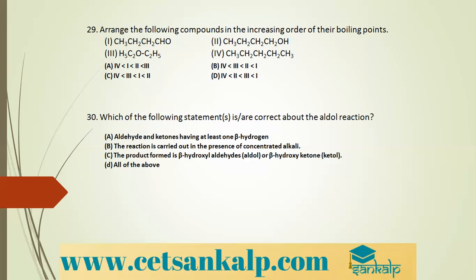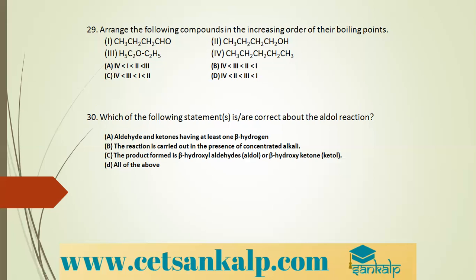30th question. Which of the following statements is or are correct about aldol reaction? Aldehydes and ketones having at least one beta hydrogen, which is correct, they have said. No, it is wrong because aldehydes and ketones having at least one alpha hydrogen will show this reaction. The reaction is carried out in presence of concentrated base? Obviously not. The reaction is carried out in presence of a weak base.